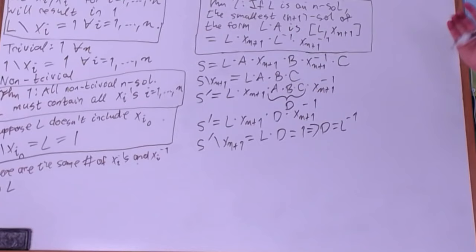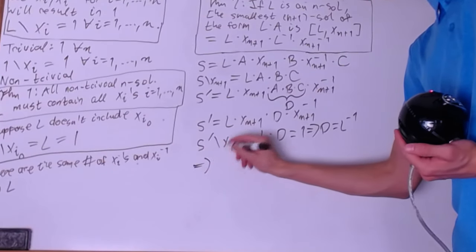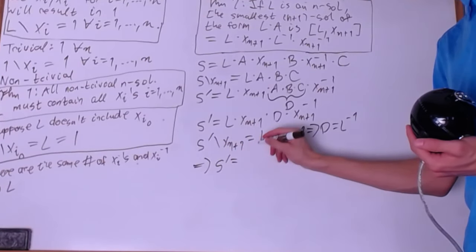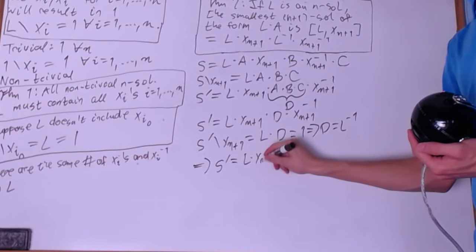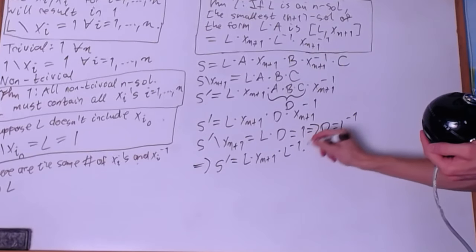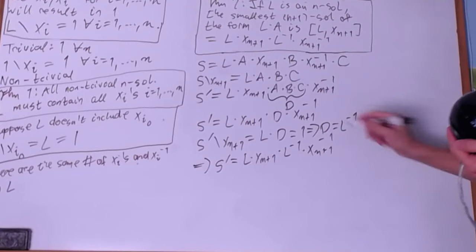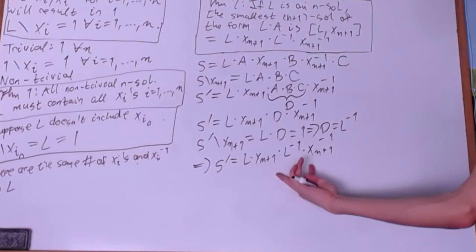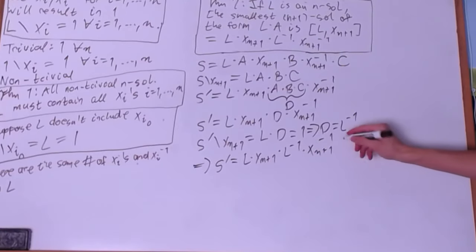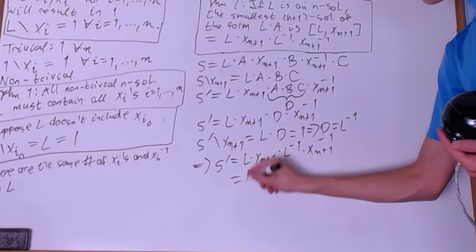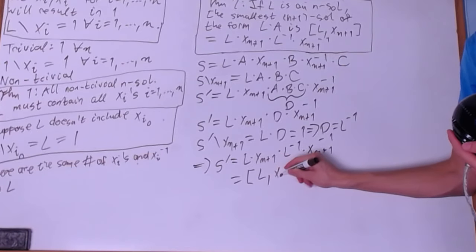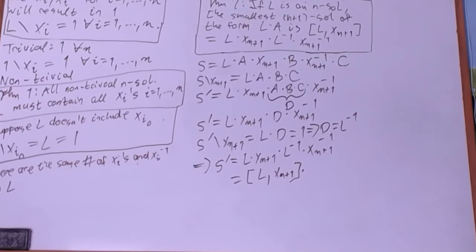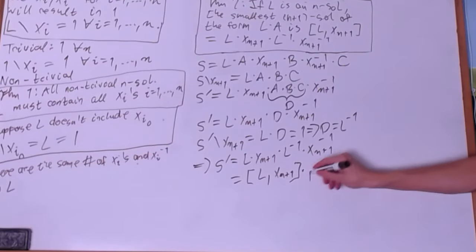So you get D equals L inverse, meaning that the general smallest solution is going to be L times xn+1 times L inverse times xn+1 inverse, and you can swap the xn+1 and its inverse, which is equal to the commutator of L and xn+1. And that's QED.